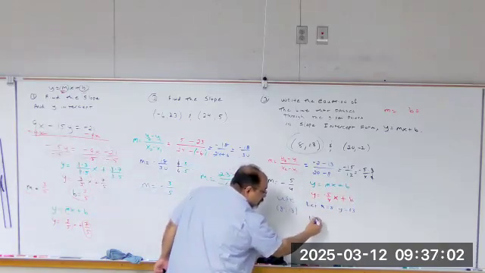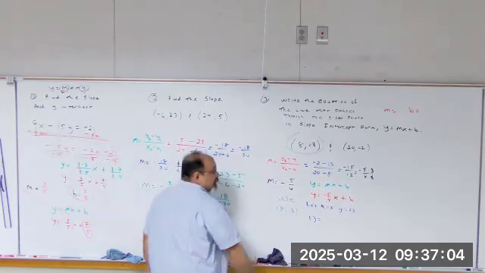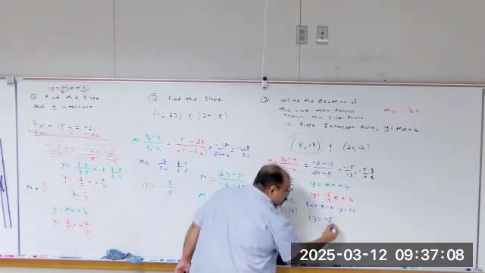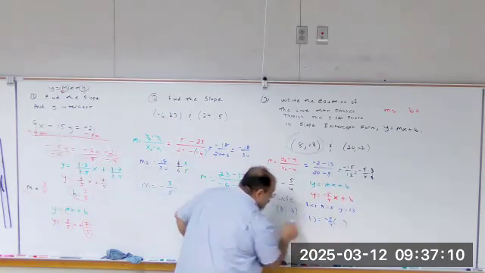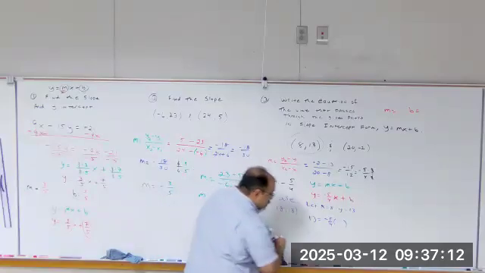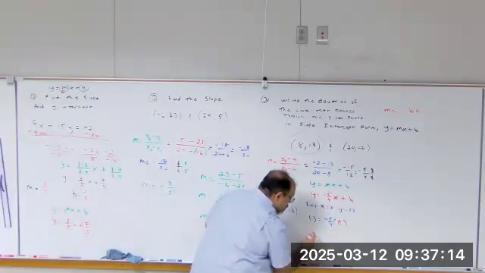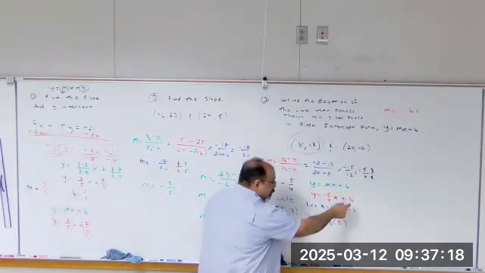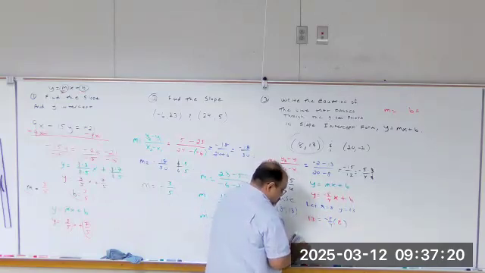So 13 equals, and this is what I mean by no crazy fractions, negative 5 over 4 times x, which is 8, plus b. Y is my 13. And then remember, we're solving for b.